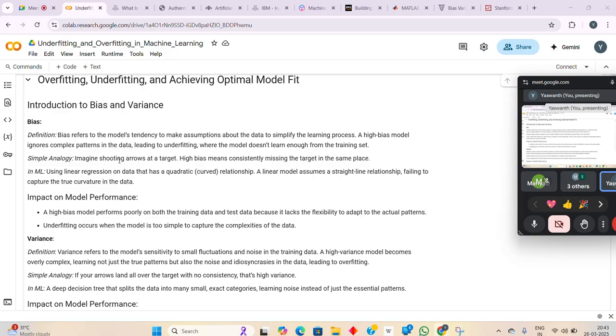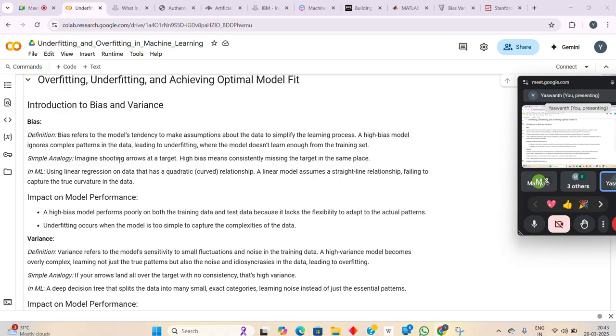In general, bias is something like training error, the error that happens with the training data set. If there is an error on the testing data set, that is what in general we call variance. High bias means it is ignoring the complex patterns, and that is going to lead the model to underfitting.